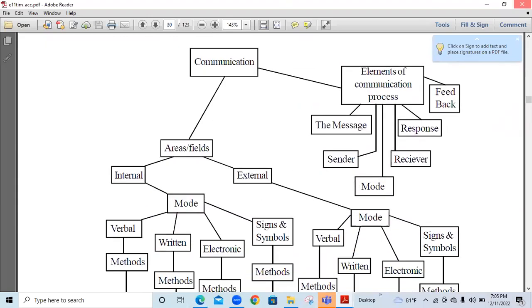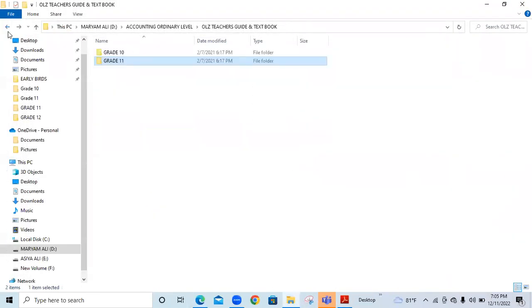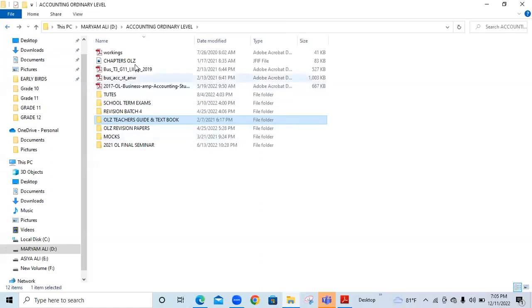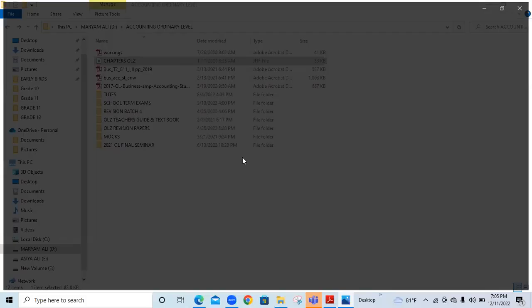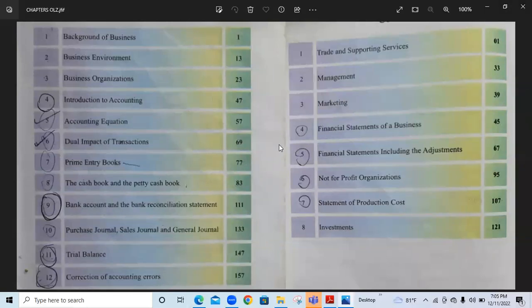So guys, in your grade 11 syllabus, when it comes to the accounting part, this is your syllabus, right? If you take grade 10, except for the first three chapters, all the other chapters are from accounting.